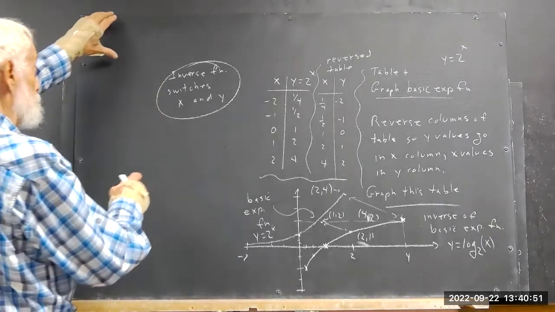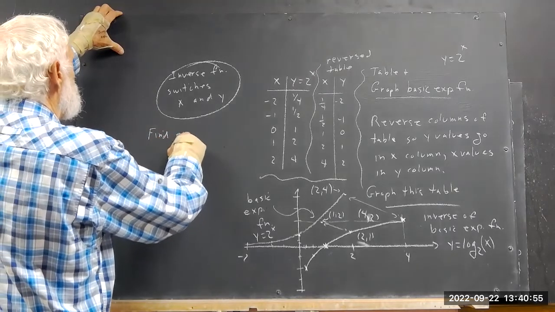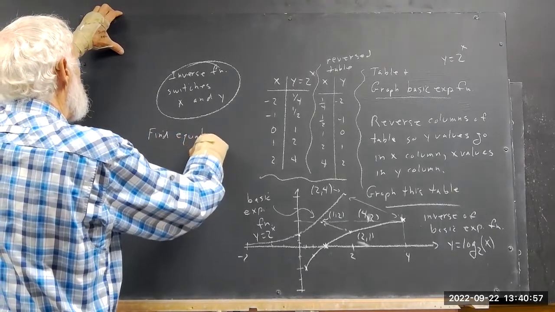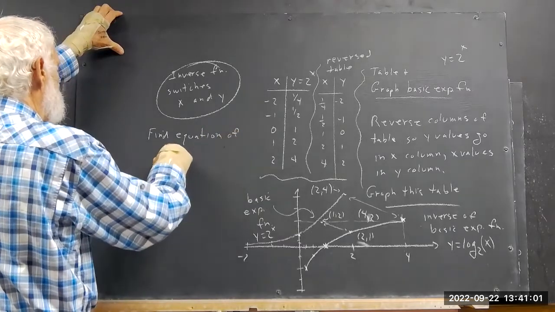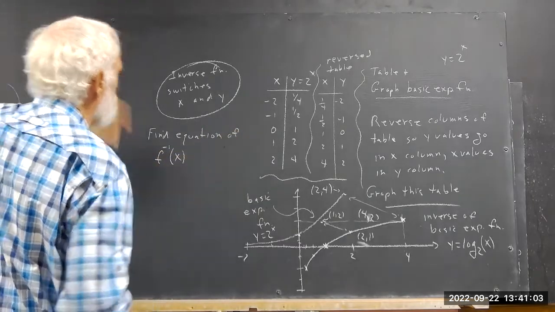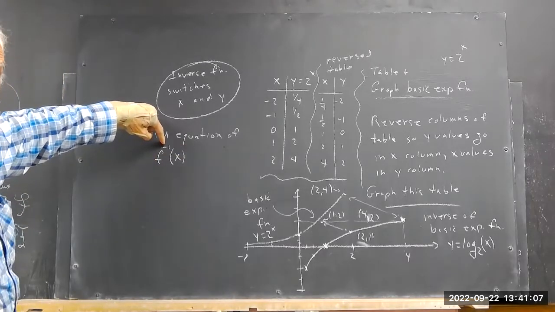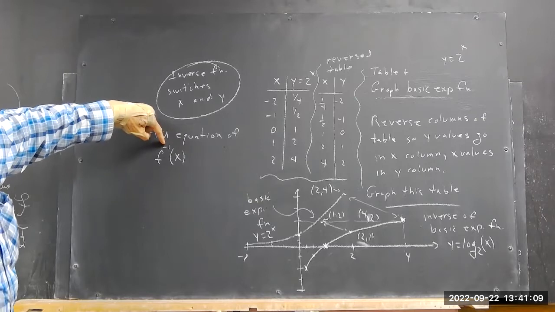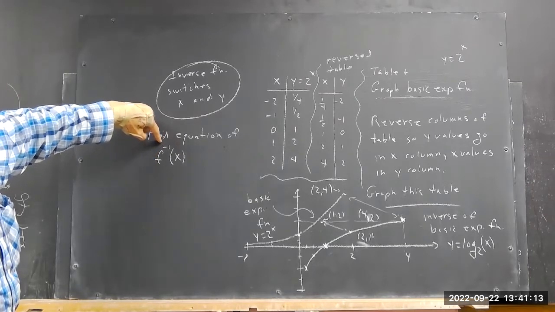So let's apply this. Now, if the function is f of x, then I write f with a -1. It looks like an exponent, but it isn't, because you can't do an exponent on f. F is just the name of a function.